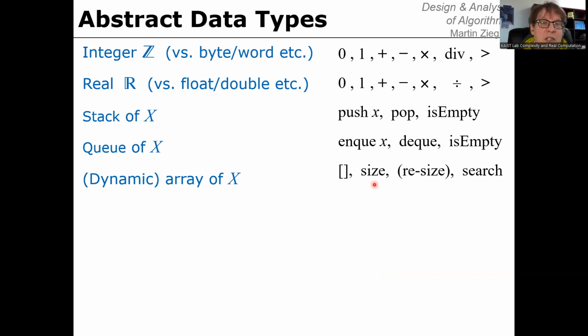It's also defined for static arrays, but then it's less important, right? For dynamic arrays, we can have a resize operation. We want to increase or decrease the size. And then there might be a search operation. And I haven't yet started talking about the algorithmic cost of these operations. So that's about arrays.